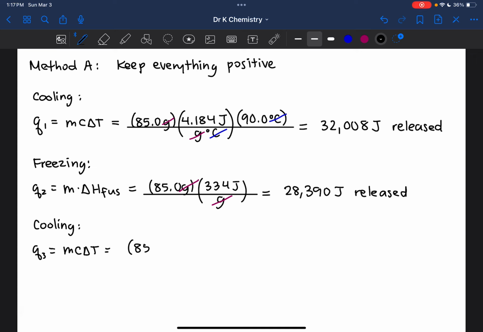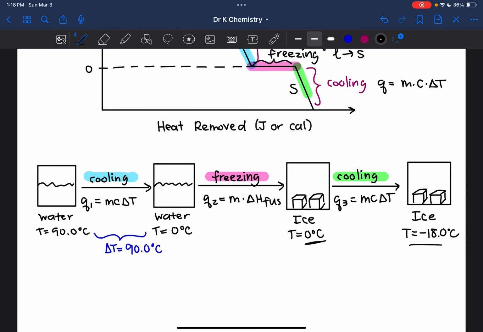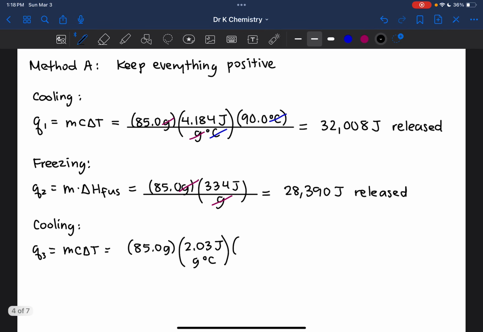Okay, so that was 85 grams. Specific heat of ice was 2.03 joules per gram per degree Celsius. And then the change in temperature, we're starting at 0, we're ending up at negative 18. So we can say that change in temperature is 18 degrees Celsius. And now the grams cancel out, the degrees Celsius cancel out, and we are left in joules.